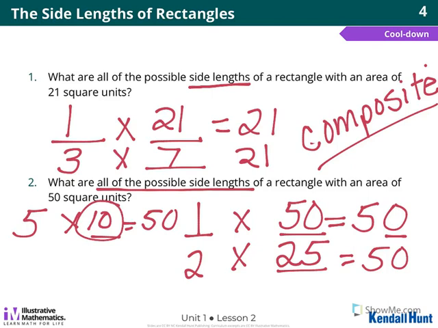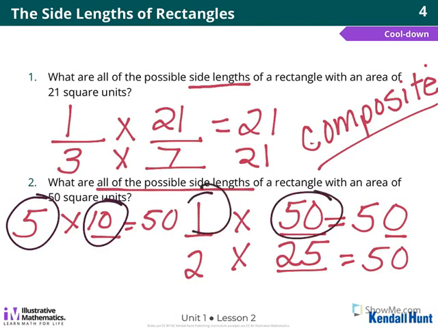And I already said 10, so I know I'm done. So I've got 1, 2, 3 different rectangles that would make 50. So my possible side lengths would be 5, 10, 1, 50, 2, and 25.